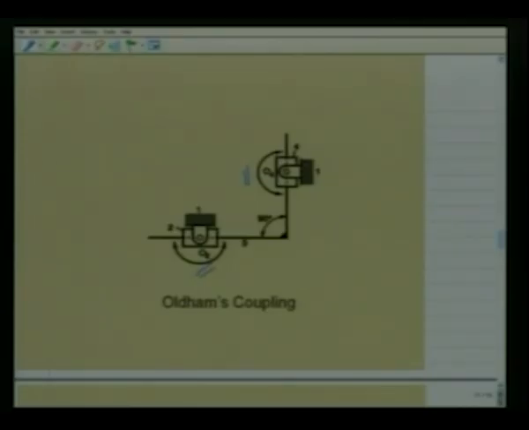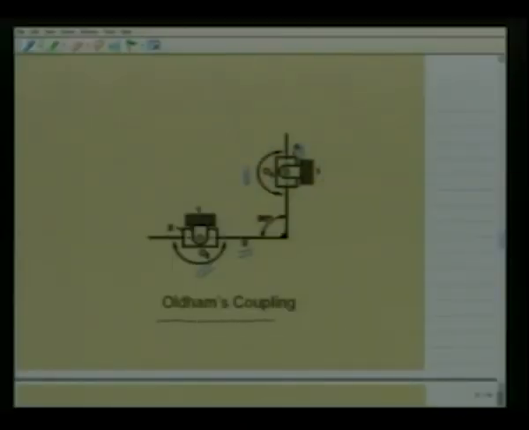So if we rotate link number 2, that is in translation with link number 3, which is again in translation with link number 4. Thus link 2 and link 4 have only relative translatory motion.